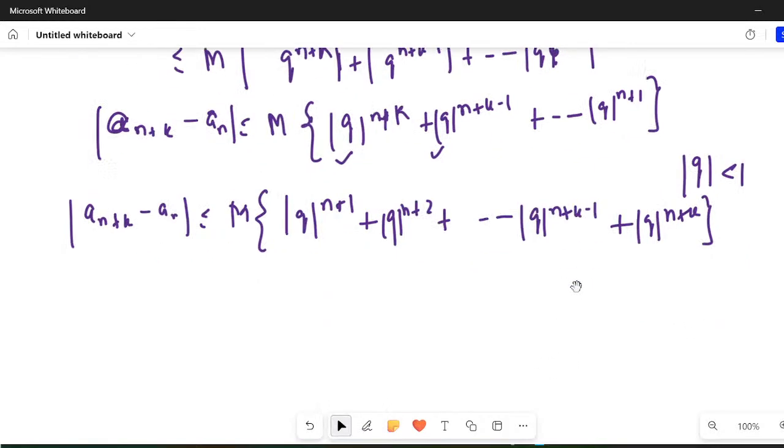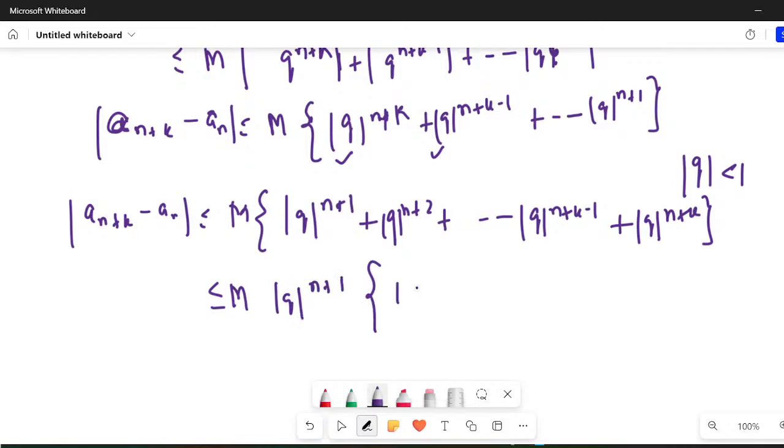Now this is particularly a geometric series, and I know that the geometric series is convergent if modulus of q is less than 1. So I can write this as m times modulus of q raised to power n plus 1, then 1 minus modulus of q raised to the number of terms, divided by 1 minus modulus of q, where modulus of q is the common ratio. How many terms are there? n plus k minus (n plus 1) plus 1. Always remember, when you calculate the number of terms by subtracting, don't forget to add 1, otherwise you'll get a mistake.